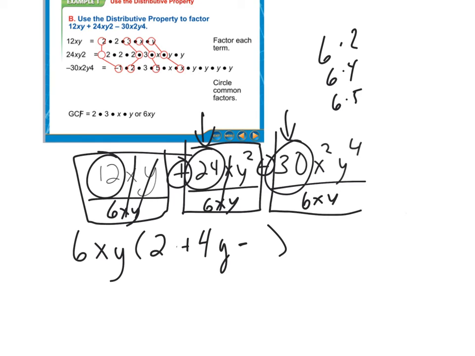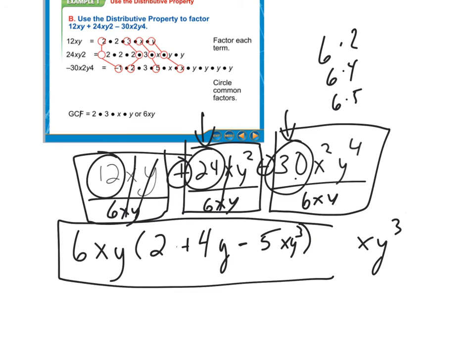Now this one, only one of my x's will cancel. Okay, x squared over x is going to be x, and y to the fourth over y is going to be y cubed. So I got xy cubed, and then 30 divided by 6 is going to be 5.